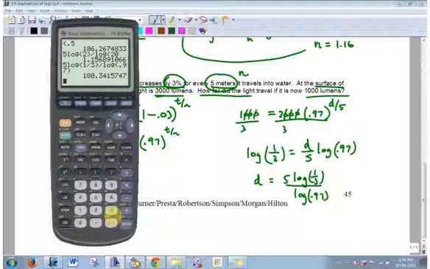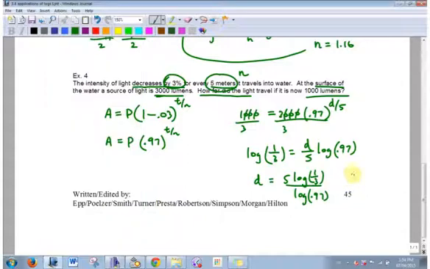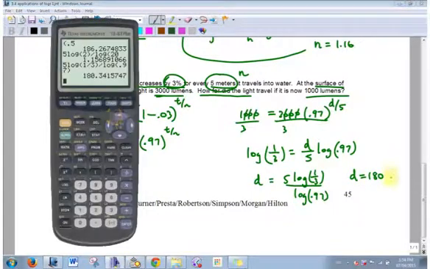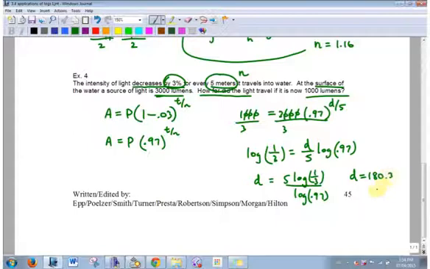Meters. Seem reasonable? Yeah, let's pretend it said tenths. Okay. That's all we got today.